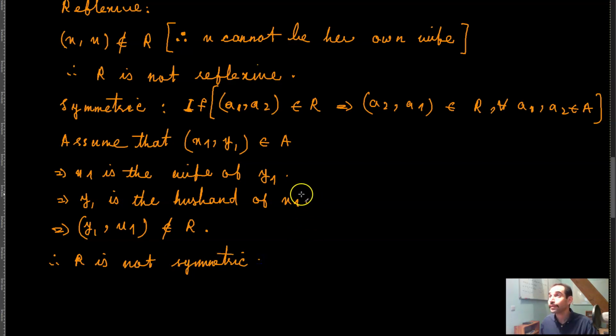Indeed, if x is the wife of y, y is the husband of x. So R is not symmetric.